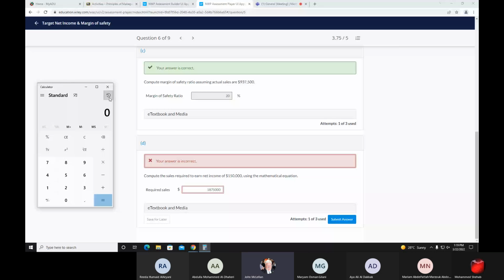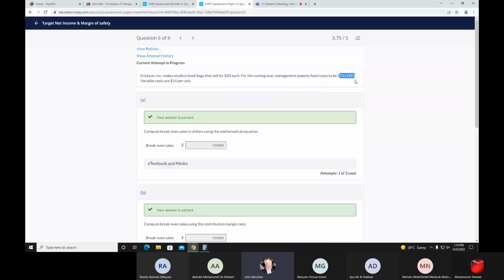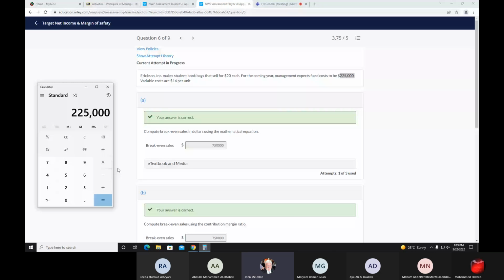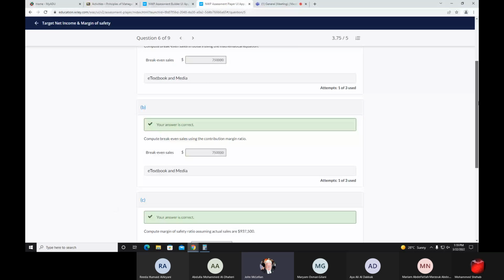Okay, Mohammed, what's your fixed cost? Go back up, what's your fixed cost? Okay, fixed cost 225. What's your profit that you want to obtain? Add that, 150. Add the two right there with the calculator, okay?